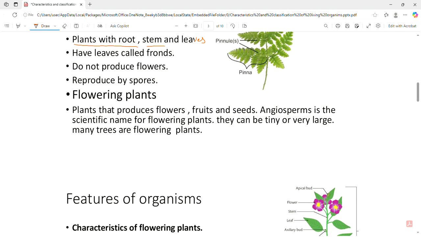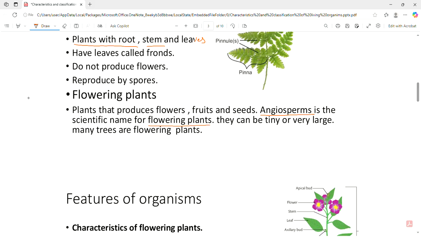Next we have flowering plants. As you see, the many different flowers around you in gardens, roadsides. So plants that produce flowers, fruit and seeds are called angiosperms. Angiosperms is the scientific name for flowering plants.